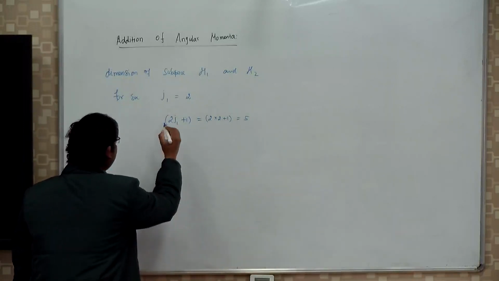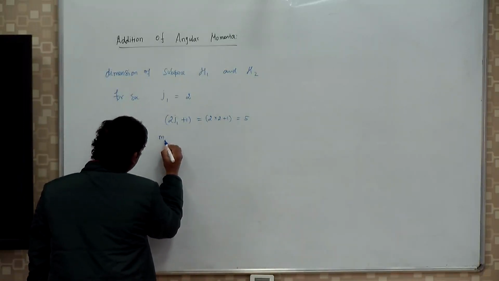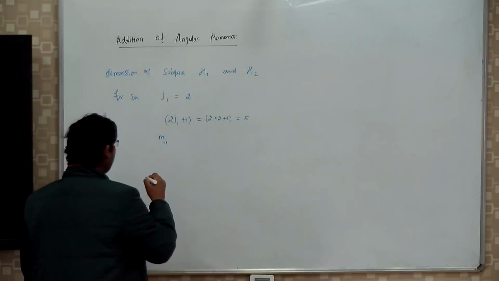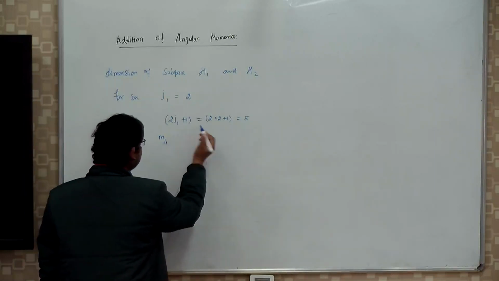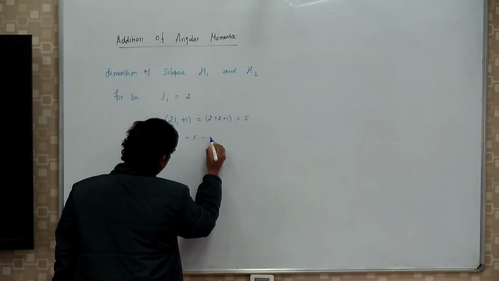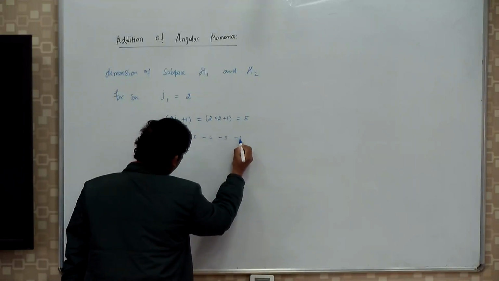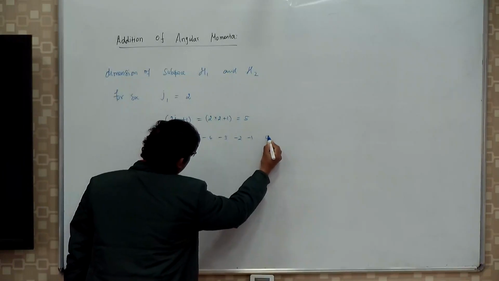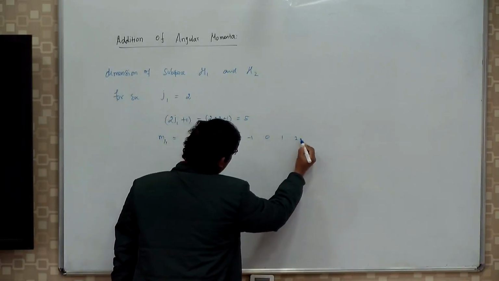Then the value of MJ1, or M1, will be minus 2, minus 1, 0, 1, 2.